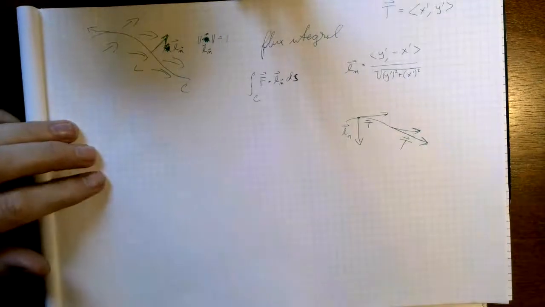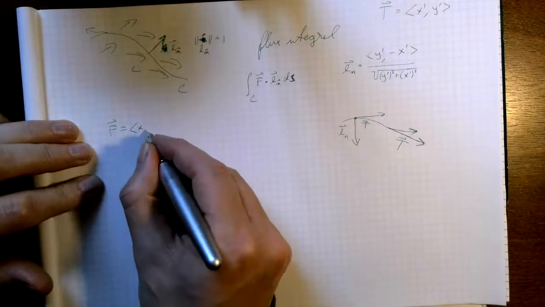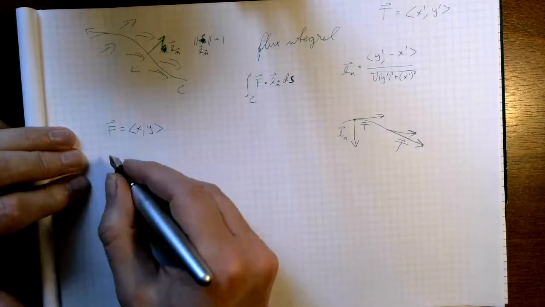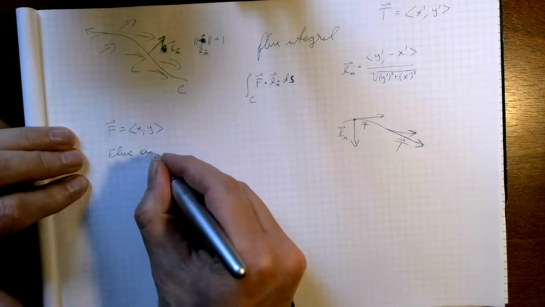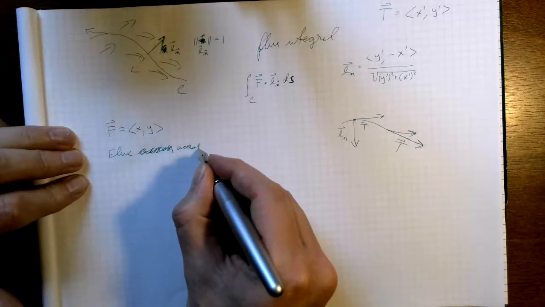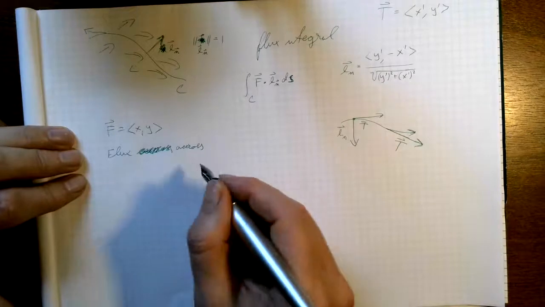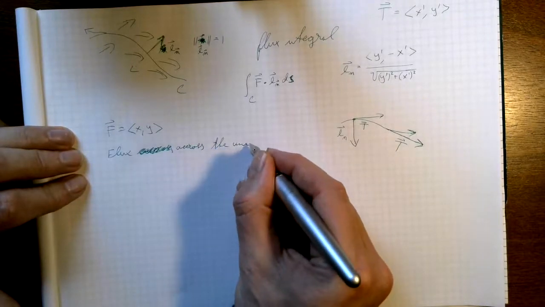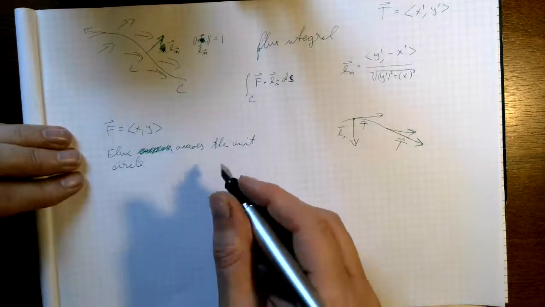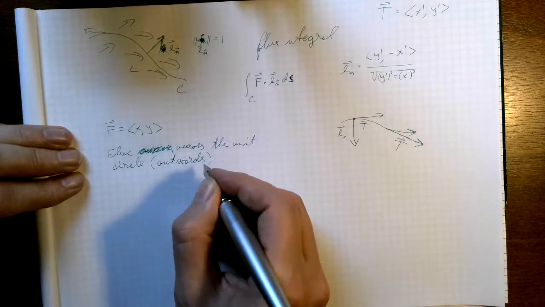So for example, we could look at the flow field, if F was x, y, and we want the flux across the unit circle, outwards.